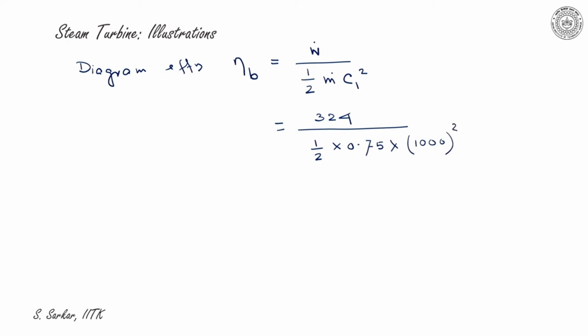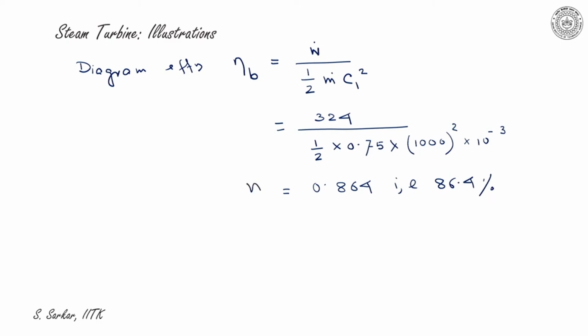Now this W dot here is in kilowatt, so I'll multiply it by 10 to the power minus 3. Okay, so if you do that, this will be 0.864, that is 86.4%.